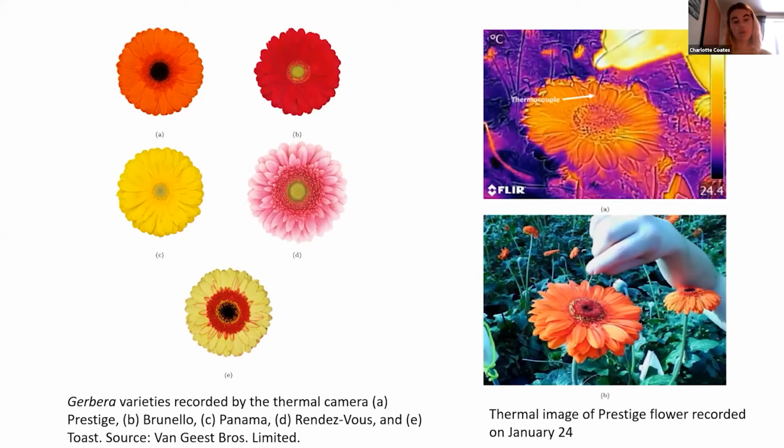Our Gerbera varieties that we chose are shown here on the left. They are Prestige, Brunello, Panama, Rendezvous, and Toast. You can see that these represent, again, the spectrum between the darker shades of red and the paler shades of pink or white and yellow. We also chose varieties that have pale centers and darker centers.